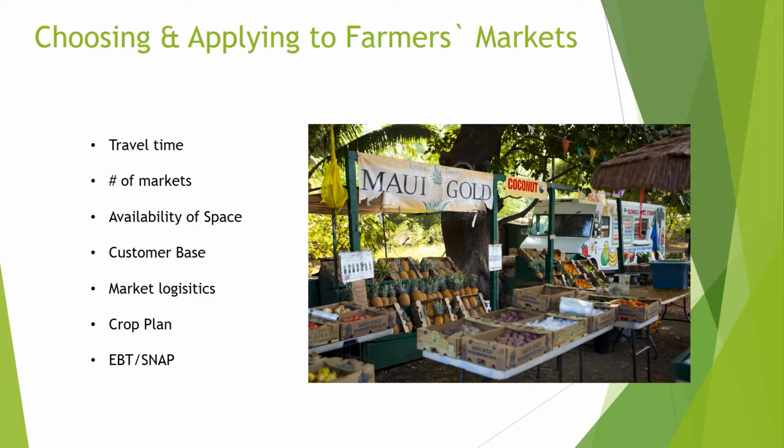Also have to figure out how many markets do you want to sell at. As we mentioned in the last slide, there are dozens of markets that you can sell your products at. So being strategic with which markets you go to is part of the process that you have to think through to see what makes sense and what's going to be the most profitable for you. You also have to check and see if there's available space.